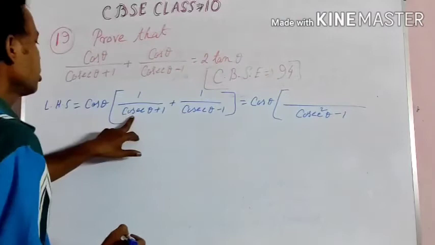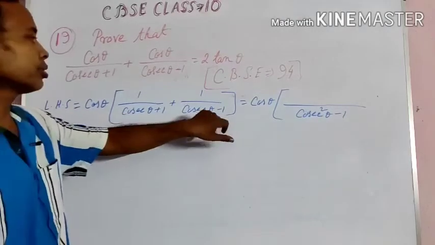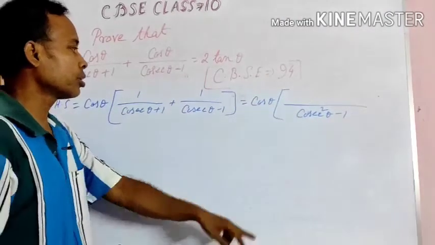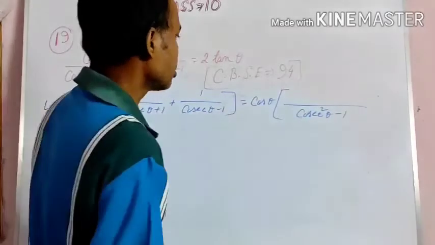That is a plus b into a minus b is equal to a square minus b square, that is cosec square theta minus 1 square.